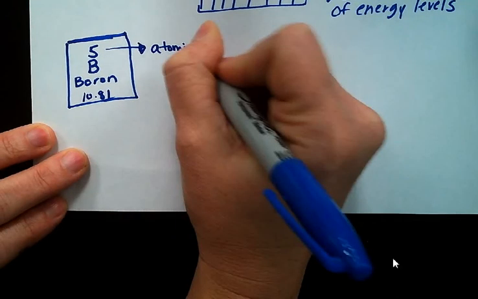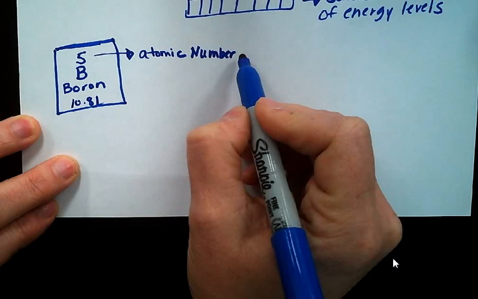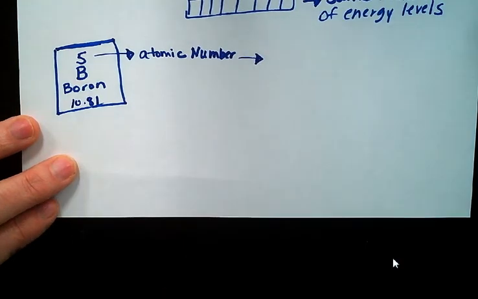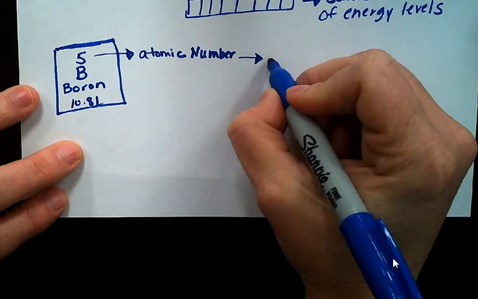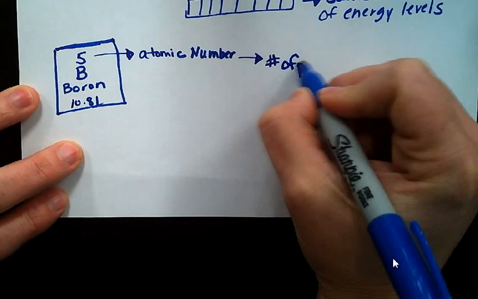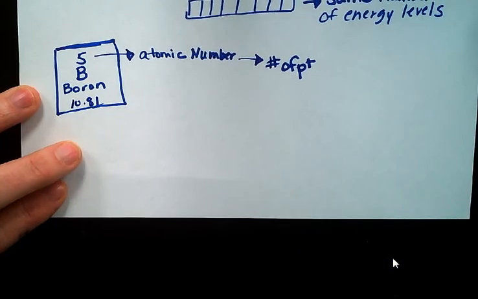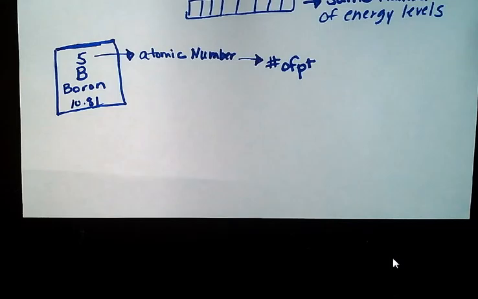And that atomic number is going to tell you something. What does it tell you about that element? How many protons. That's right. So this is going to tell me the number of protons every single time. Now, if you're talking about a neutral element, if it hasn't reacted and stuff, it's neutral, it will have the same number of protons and electrons, because positive and negative would have to be the same, right?